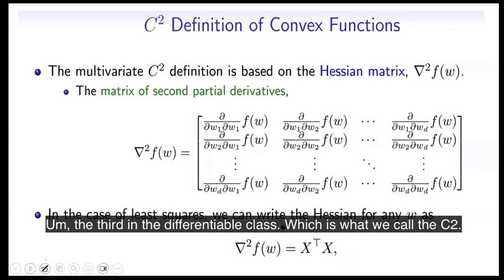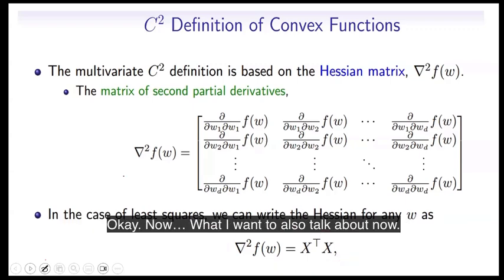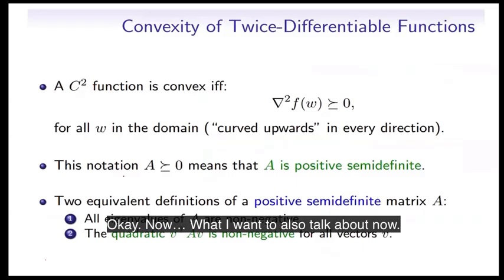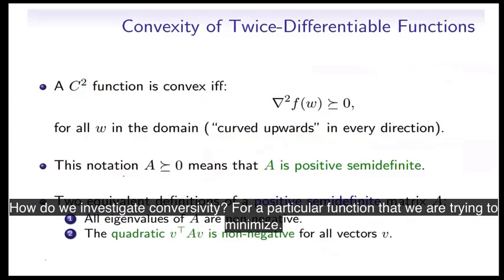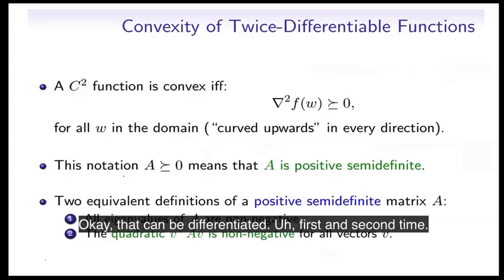the C2. Now what I want us to talk about is how we investigate convexity for a particular function that we are trying to minimize, that can be differentiated first and second time.